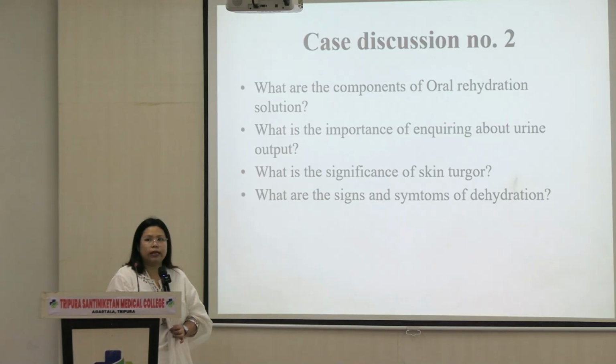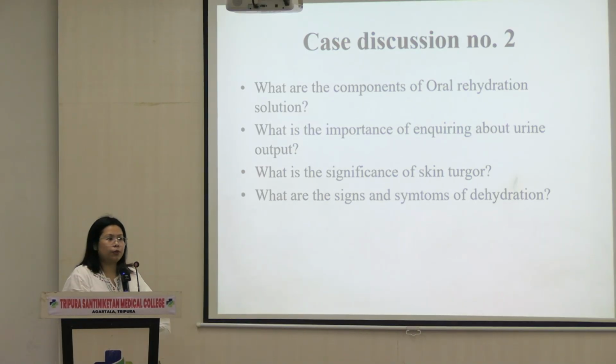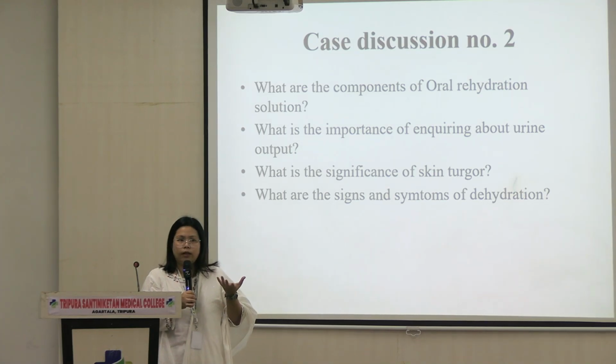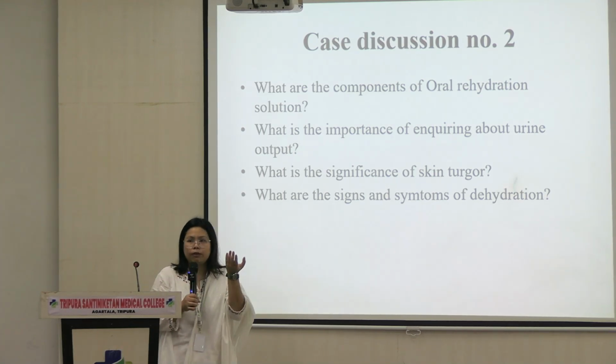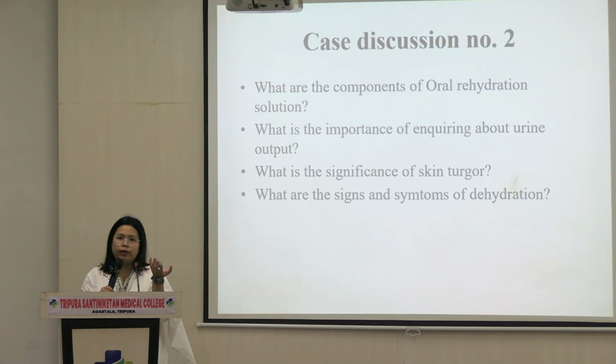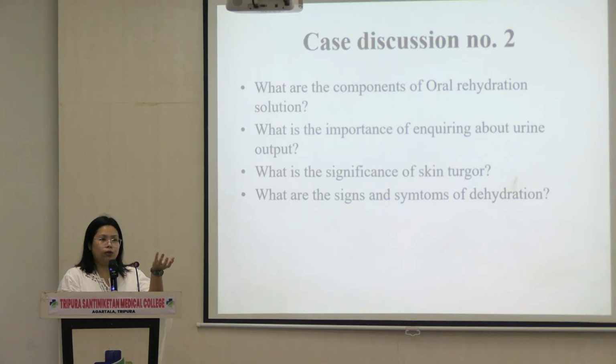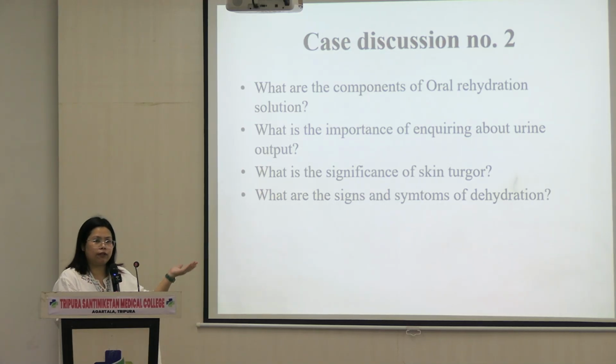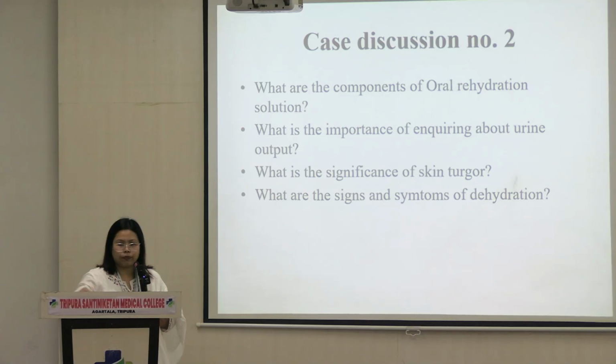Besides that, I don't know if you have heard your parents say, if you don't have ORS, you can make a simple ORS at home. Take water, add salt, add sugar, mix it and drink. So what else will we have here? Sugar as well. All right, very good.